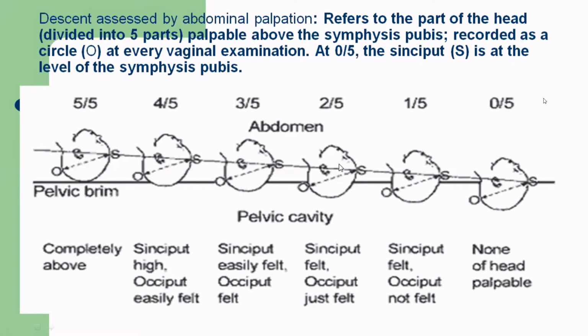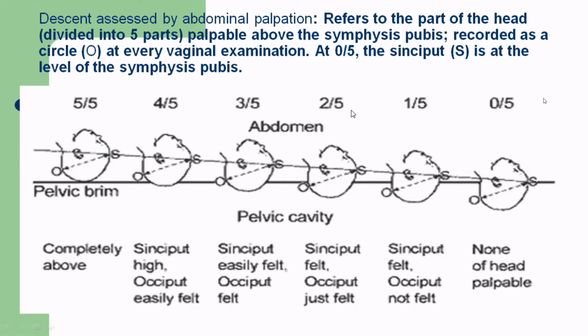Now this is the important part, where the head is just engaged. Occiput has entered, because the suboccipito-bregmatic diameter has entered the pelvic brim. This line is the pelvic brim. Here, the sinciput is easily felt, and occiput is just felt, or even it may not be felt.